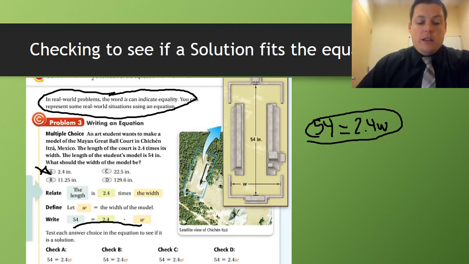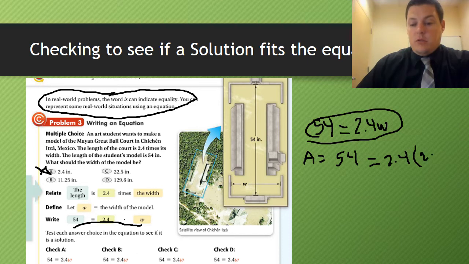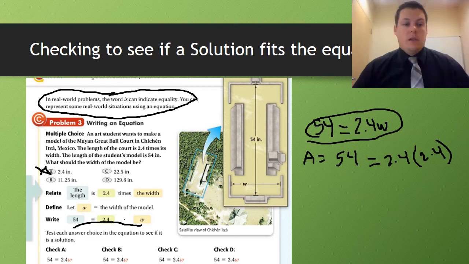So here, down here, it has check A, check B, check C, check D. So if we check A, we get 54 equals 2.4 times 2.4, which does not equal 54. It equals 5.76.